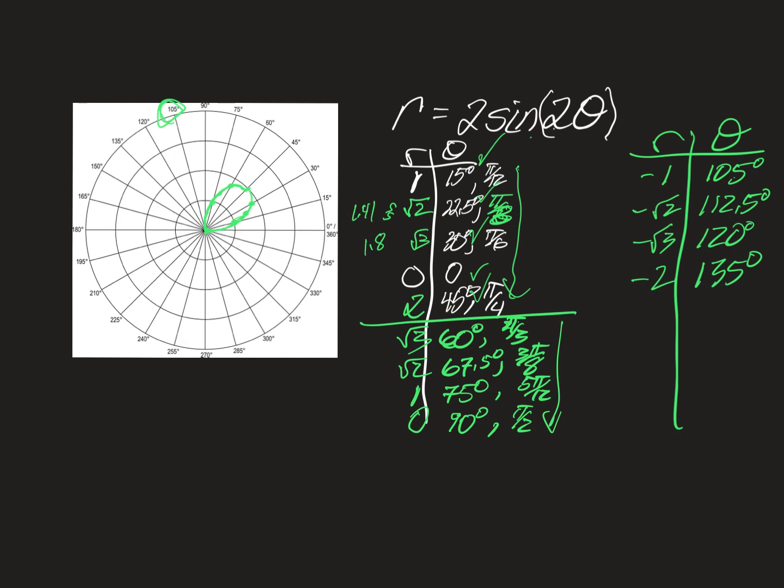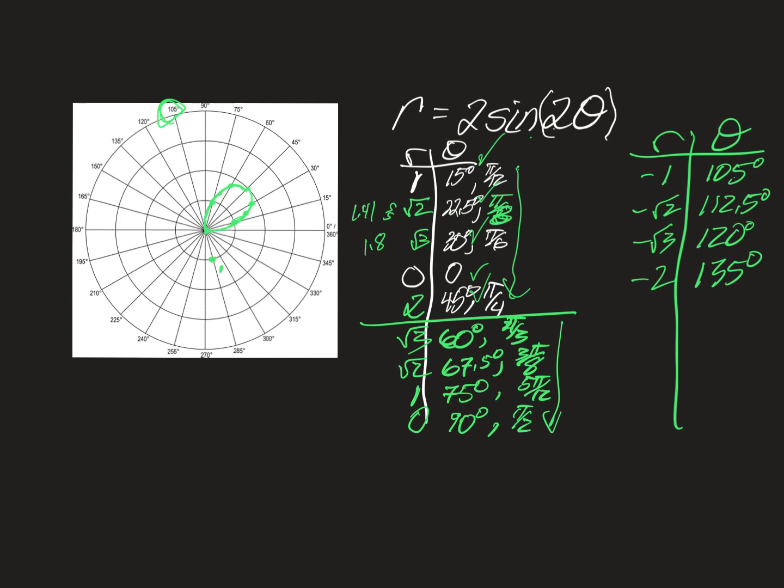So 105 is up that way, but negative 1 is this way. Okay? And then I go to 112.5 degrees, and that's halfway between 105 and 120. And then I'm going to go negative square root of 2. So halfway between there is 1.4.